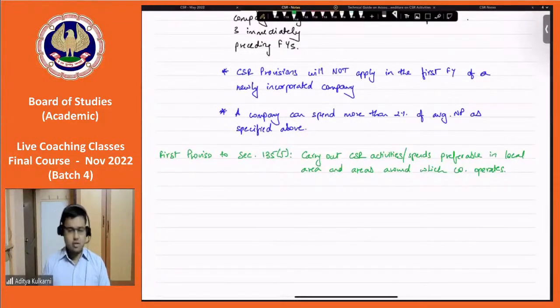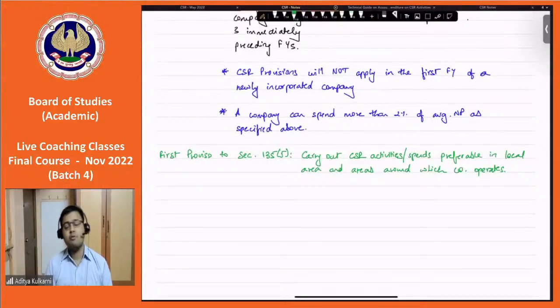So in the surrounding soil, when it is getting affected, the fertility gets impacted. And because the fertility gets impacted, the farmers who are owning that soil, they will be having a reduced yield. They will be having a lower crop produce, or they will be having poor quality of crops, whatever is the situation. Now, if this is the case, the company should ideally carry out a soil improvement activity of the surrounding areas, because its activities are affecting the farmers in the vicinity, and therefore the first preference is in the local areas.